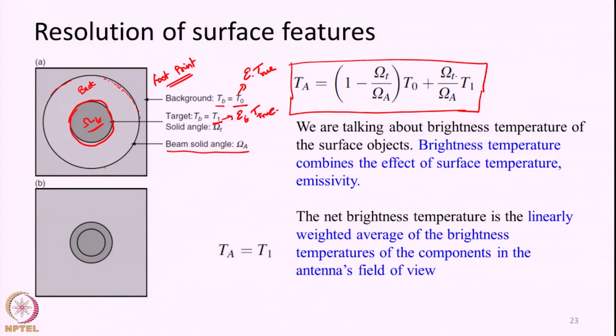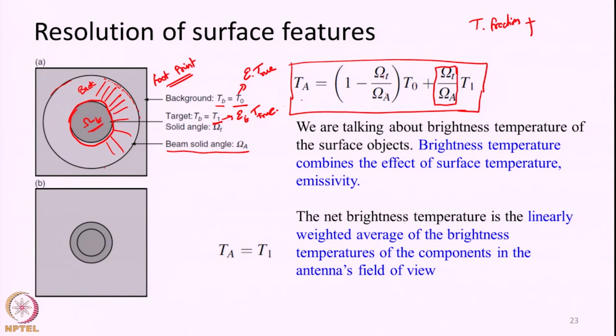So, the net resultant brightness temperature can simply be given by the fraction of the solid angle occupied by the target, omega T by omega A, multiplied by T1, where T1 is the brightness temperature of the target, plus the remaining solid angle, 1 minus omega T by omega A, occupied by the background, multiplied by the background temperature.